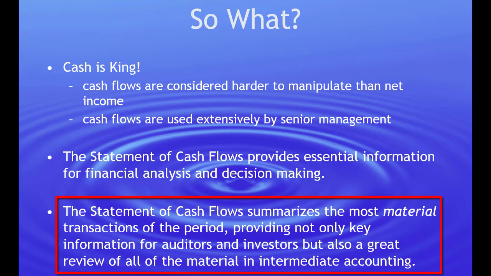So debt that we've taken out, investments that we've made, repurchases that we've encouraged in our own business or with other businesses, what we're doing in our operating section gives an indication of pensions and leases, etc. So all of these fun topics that we've been discussing in intermediate accounting are all summarized in the statement of cash flows as it provides information and summarizes for our investors the major parts of our business.